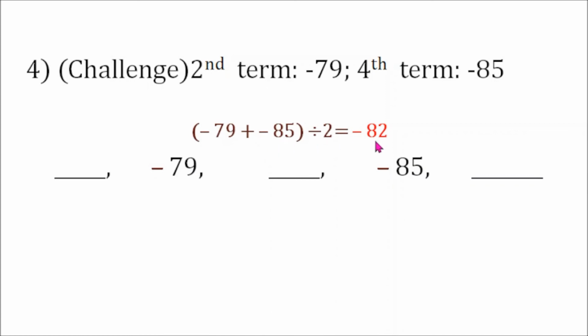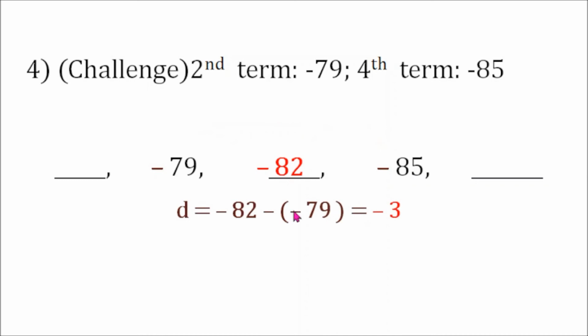So that's negative 82. Now we can find the common difference. We pick a term, negative 82 for example, then minus its preceding term. So negative 82 minus negative 79, that is negative 3. So the common difference is negative 3.